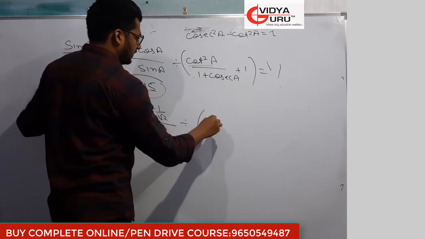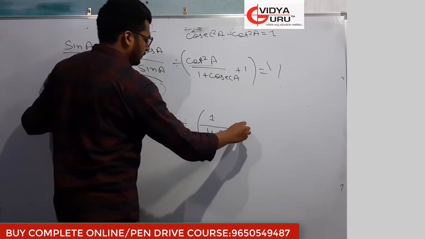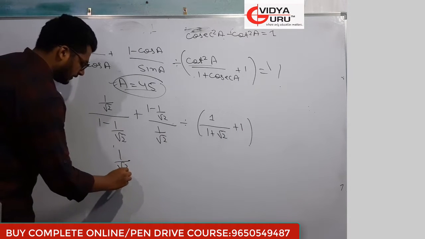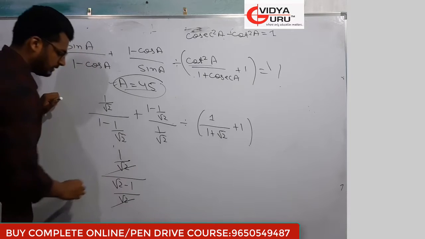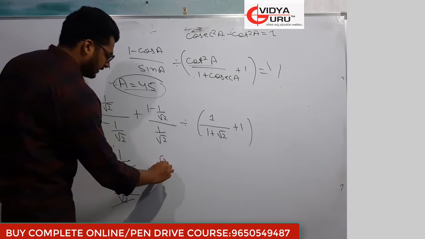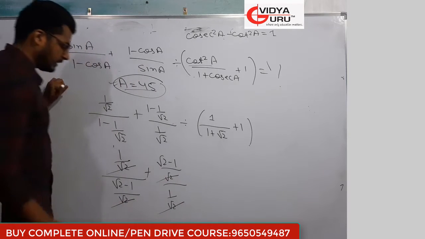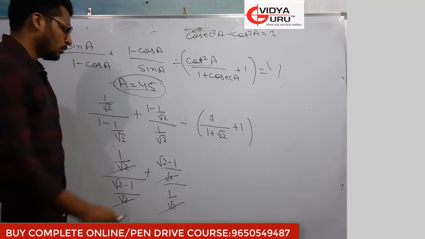Cot 45 is 1, and cosec 45 is root 2, and plus 1. If I take the LCM, in the denominator it will become root 2 minus 1 by root 2. This will be cancelled out. Same way here, root 2 minus 1 by root 2 and 1 by root 2. This will again be cancelled out. Here it is left 1 upon root 2 minus 1, and here it is left root 2 plus 1.